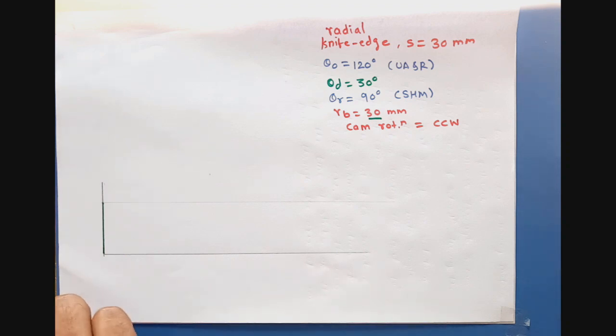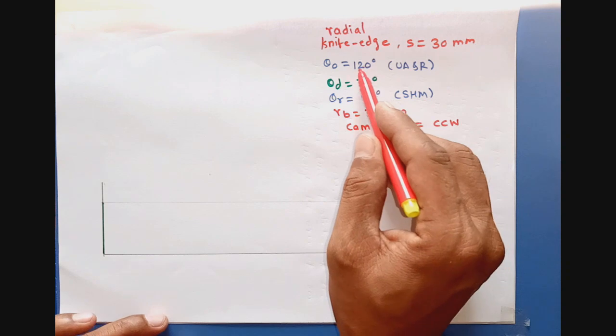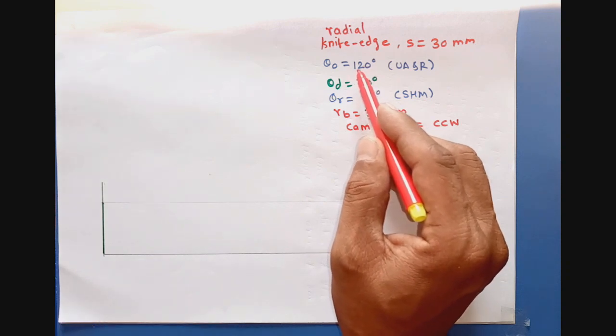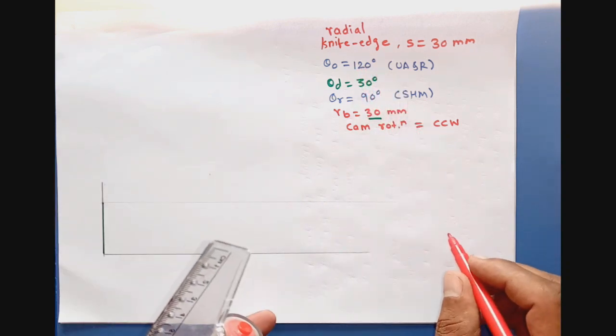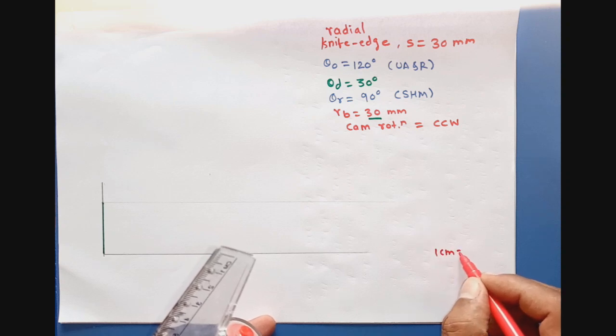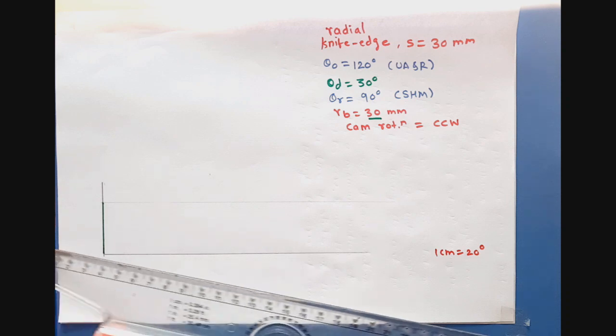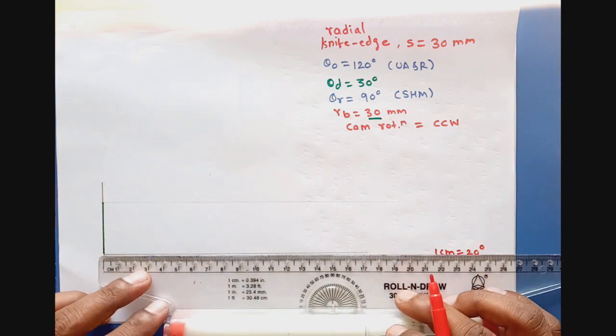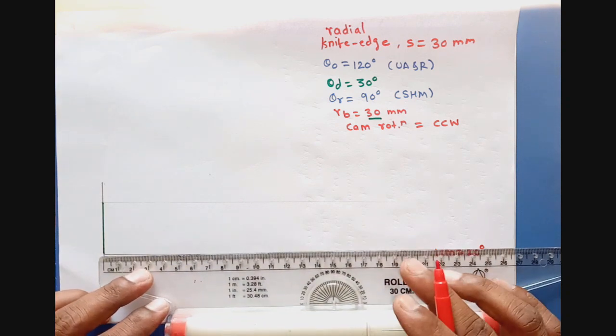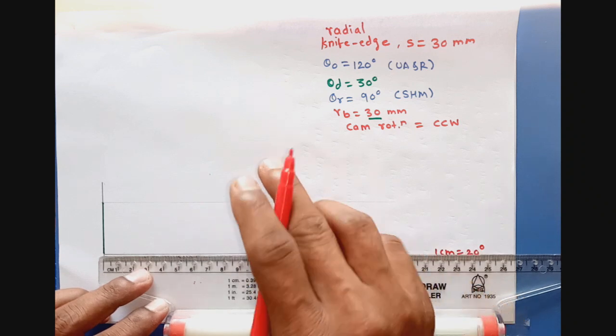Now first stroke is outstroke of 120 degrees. So on x-axis, I will take scale of 1 centimeter is equals to 20 degrees for outstroke. So 6 centimeter will be 120 degrees.